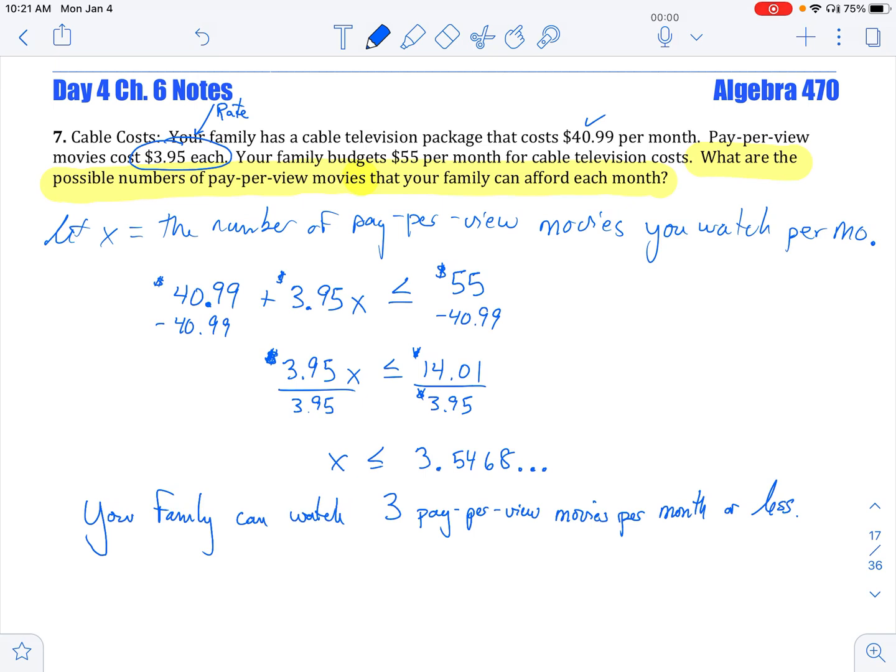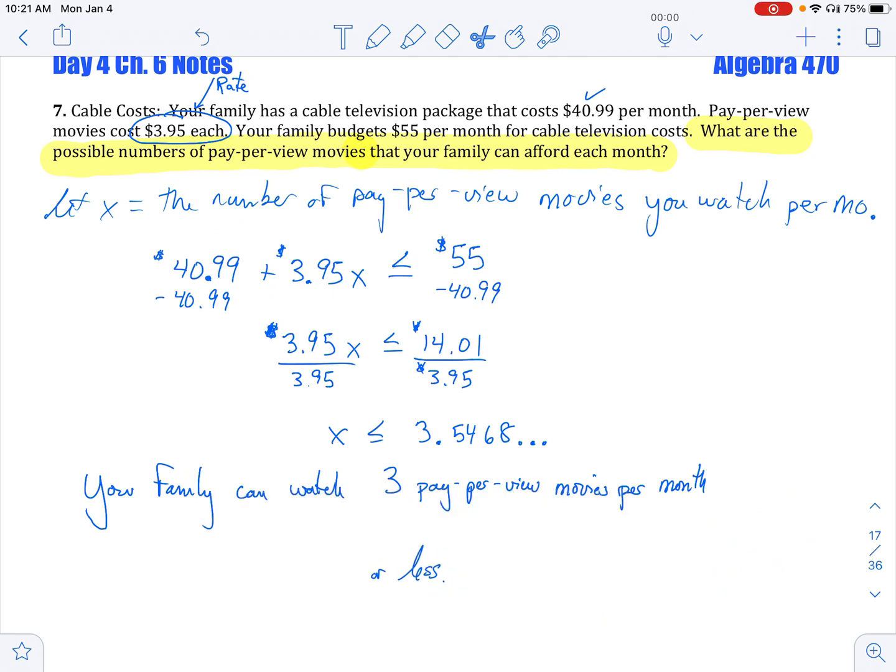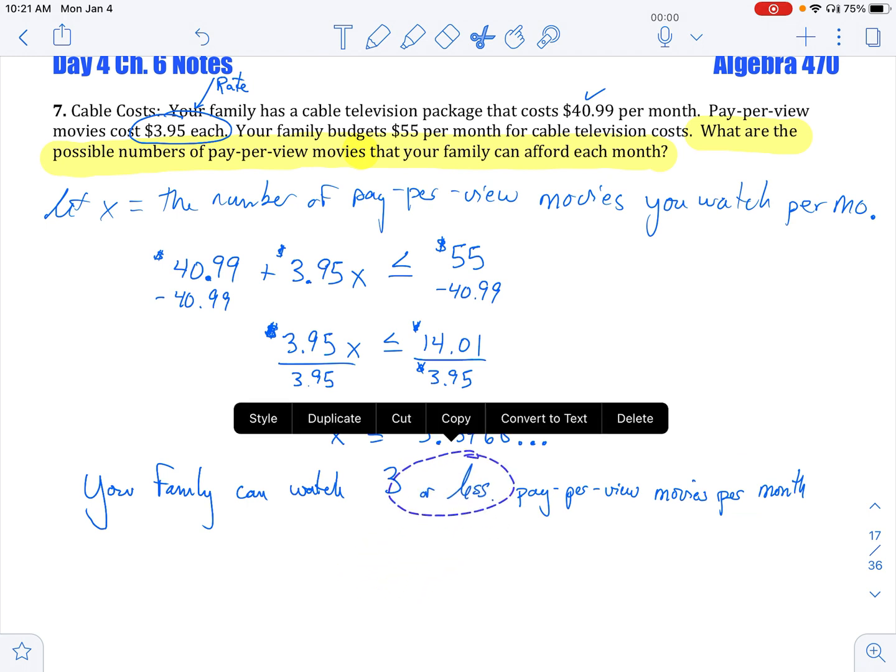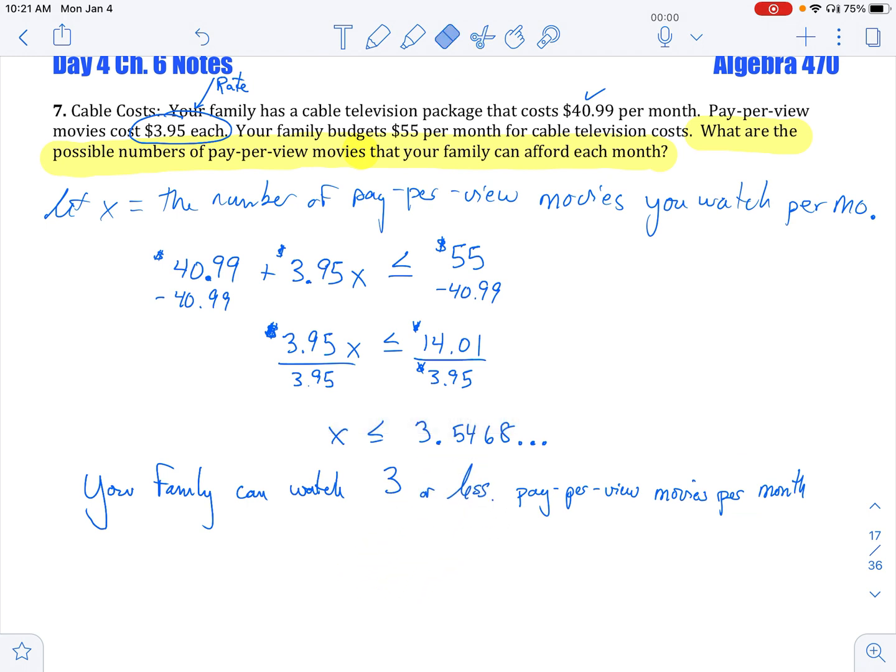Maybe a better way to say that is your family can watch 3 or less pay-per-view movies per month. So again, that would be maybe a better way to write this. I feel like we're speaking better English, but your family can watch 3 or less pay-per-view movies per month.